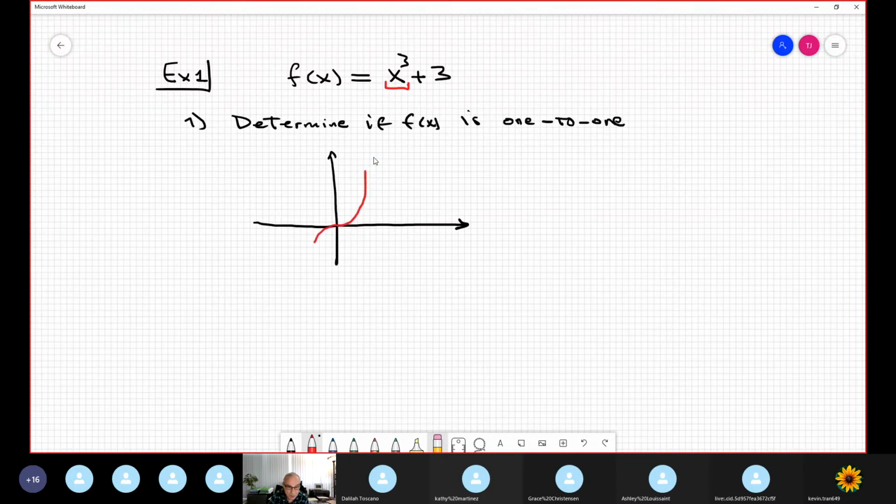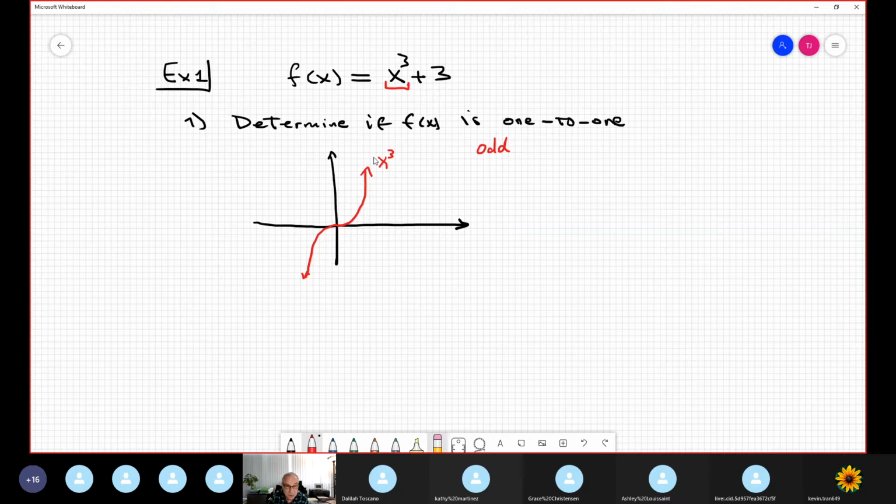Approximately, a typical odd function. It looks like that. This is x, this is y, this is x cubed. And the plus 3 is just a vertical shift 3 units up.